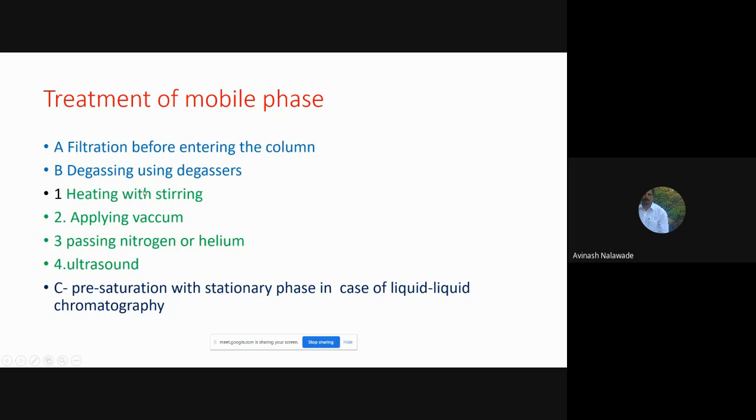We can heat the solvent, then we can apply vacuum, then we can pass inert gases. So these are the methods for the degassing of the solvents.